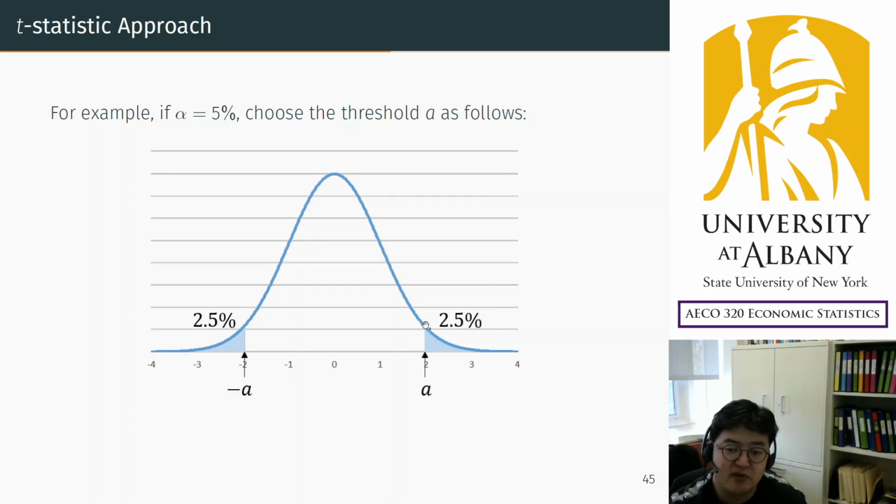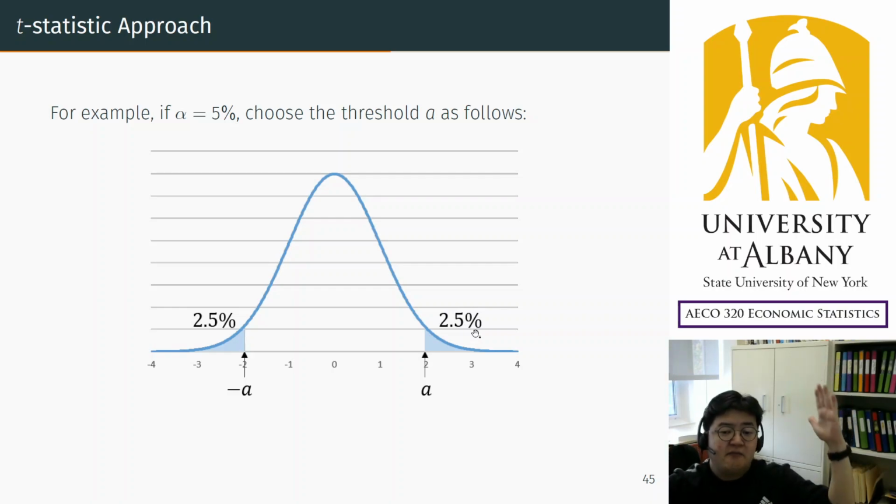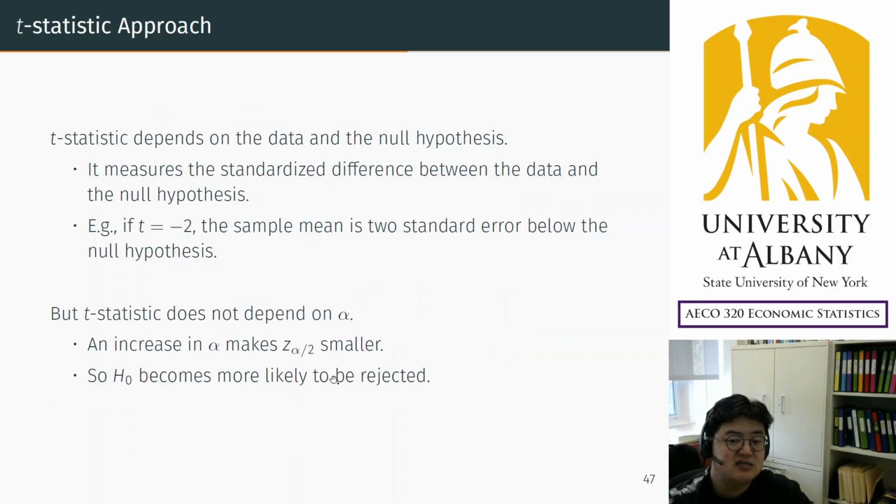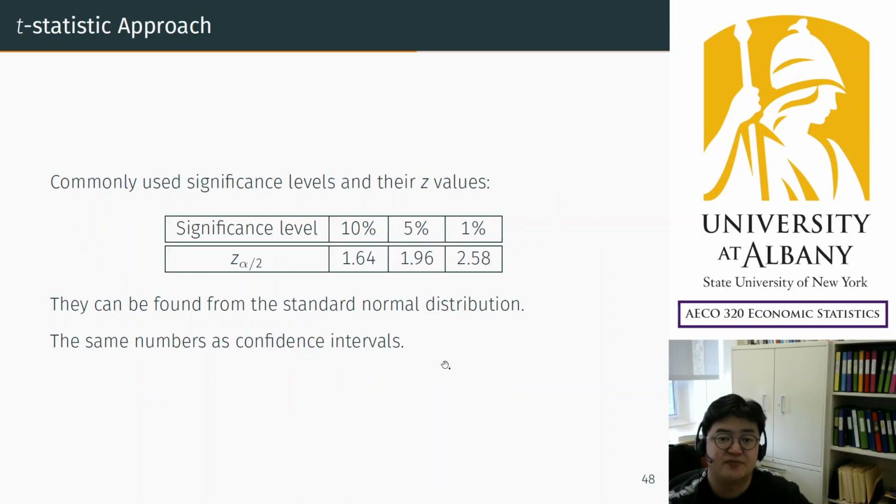So higher alpha makes a close to 0, and you have a very small interval on which you don't reject the null hypothesis. That is consistent with our intuition. What happens when alpha increases?